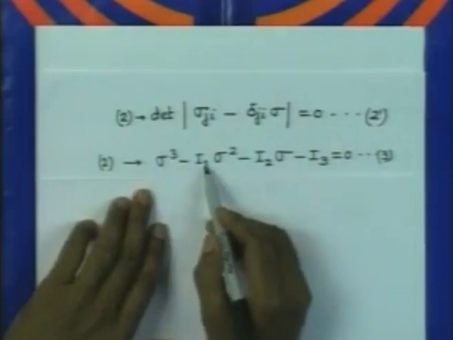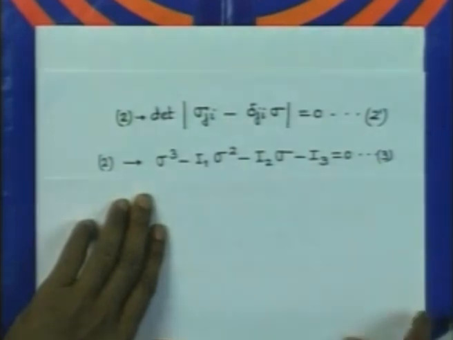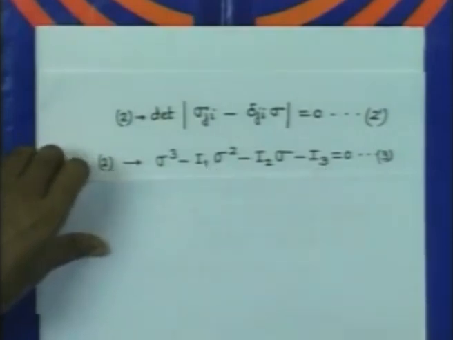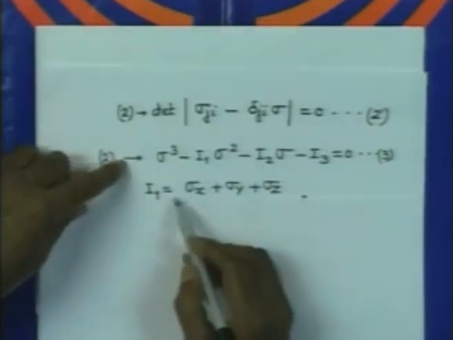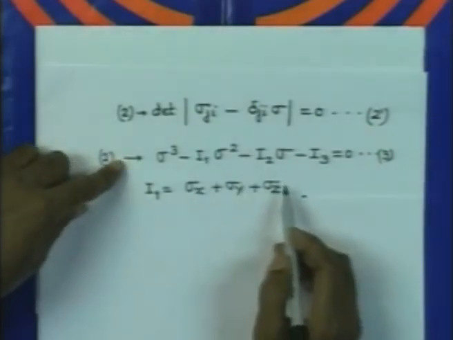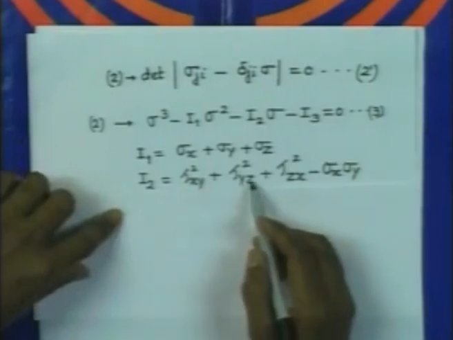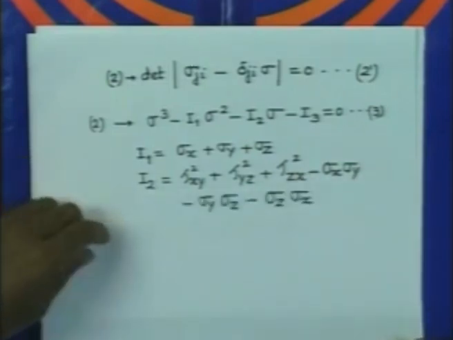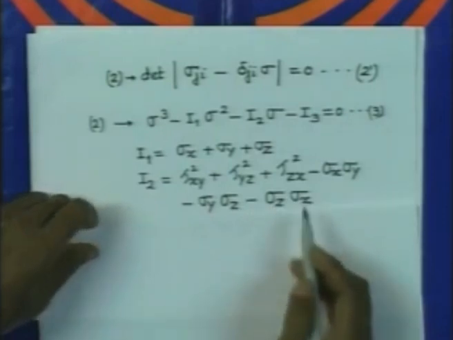sigma cube minus I1 sigma square minus I2 sigma minus I3 equal to 0, where these coefficients I1, I2 and I3 are given in terms of the stresses. I1 is equal to sigma x plus sigma y plus sigma z, and I2 is tau xy square plus tau yz square plus tau zx square minus sigma x sigma y minus sigma y sigma z minus sigma z sigma x.